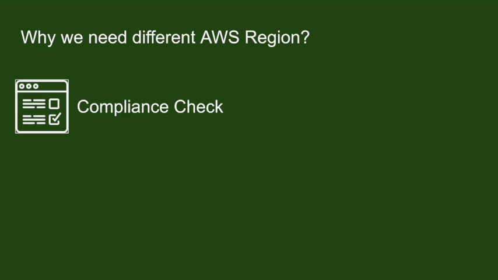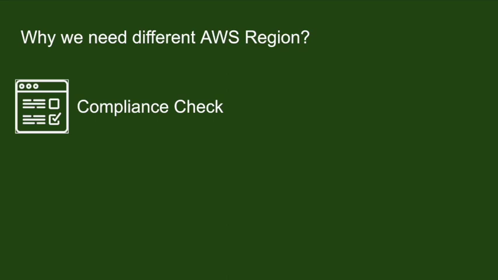There are compliance rules stating that when you use your customers' data, it needs to reside in a specific location, and it cannot go beyond a geographical location. So you will be selecting something like a region in North America, and making sure that none of the data moves away from North America. So that's an example of a compliance check.